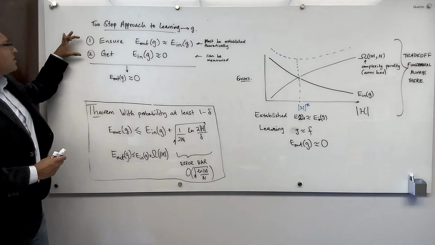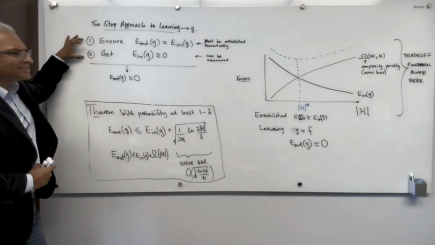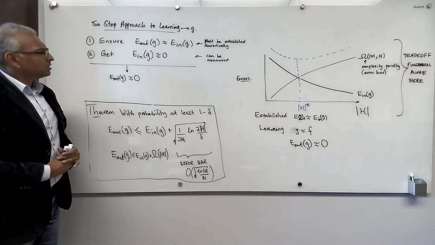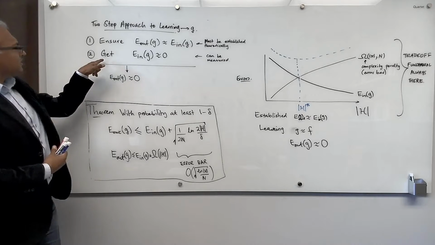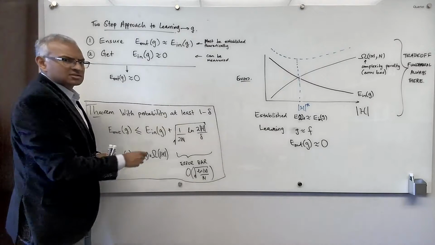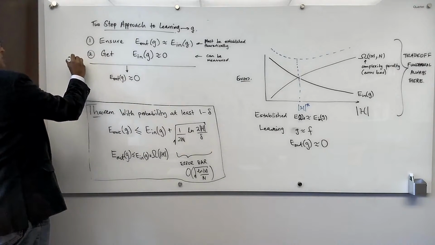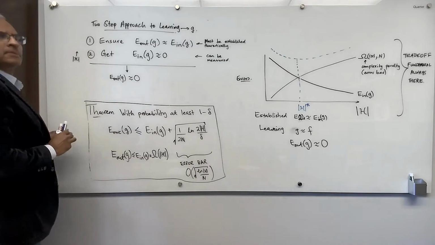And in this two-step process is embedded this trade-off. If you want to get in sample error small, you would like to choose the hypothesis set to be as large as possible. So here we want the hypothesis set to go up, large.